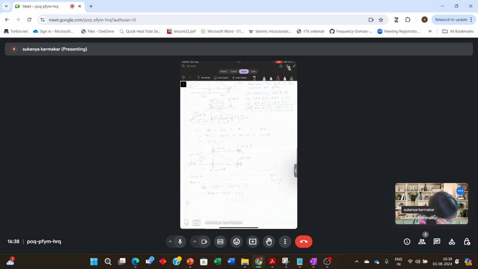So the diagram of the question is like this. This is your coordinate axis.